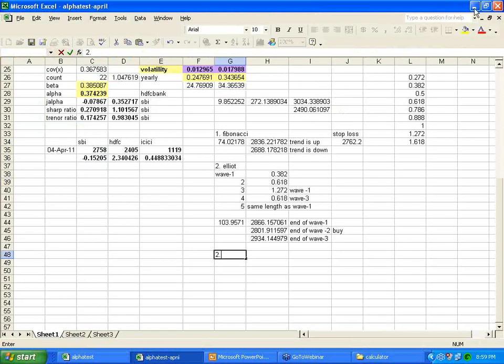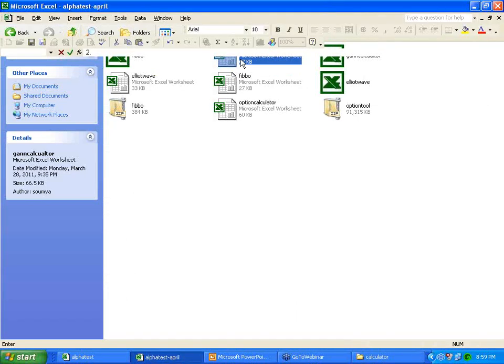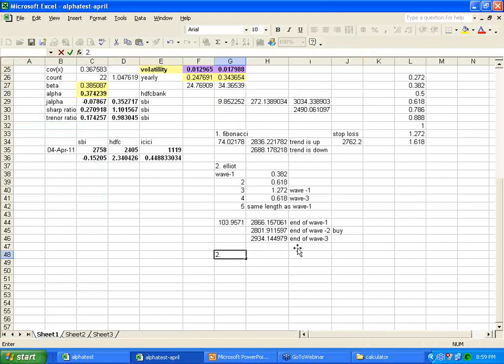As for the Gann square of 9 principle, how can we make use of that? So let me open that. This is the Gann square of 9 which we support with the Gann course package.